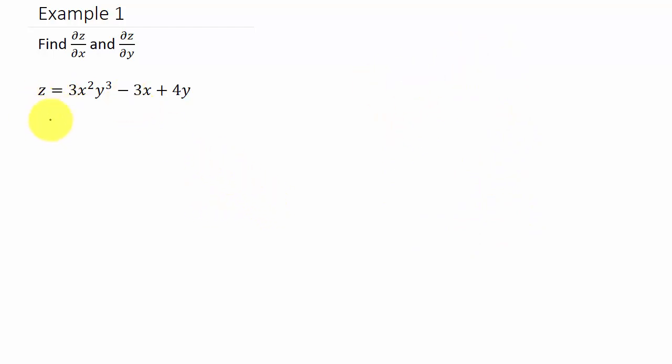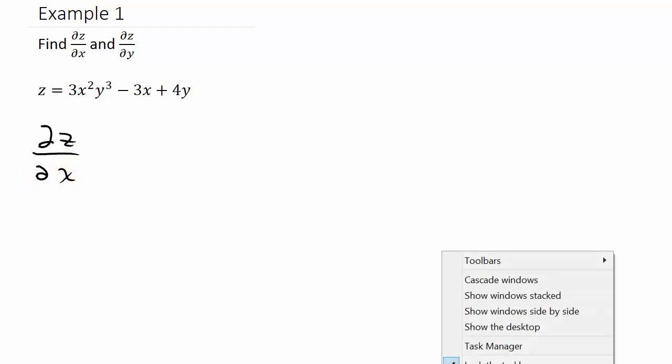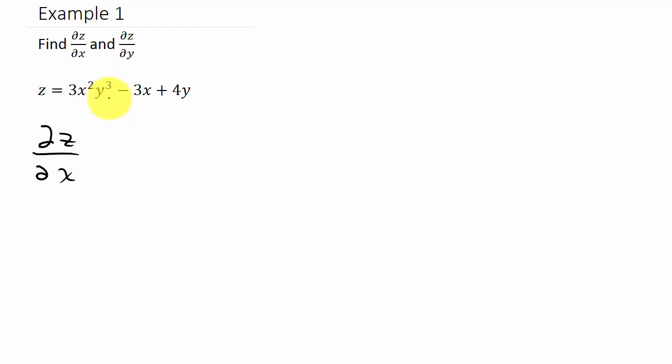We want to find the partial of z with respect to x. So all we do is we treat y as a number. We treat y as a number. So here we're going to take the derivative of 3x squared y cubed.